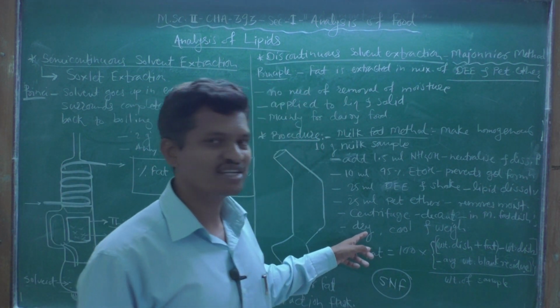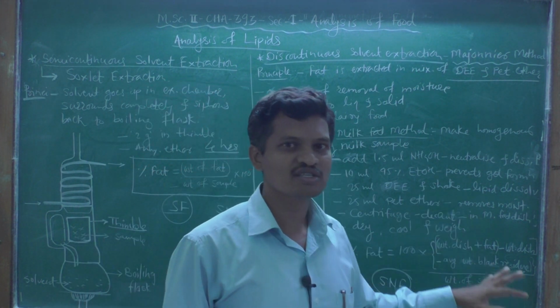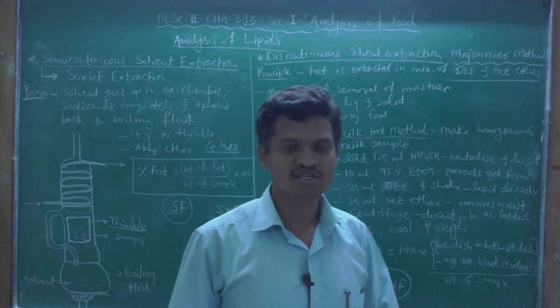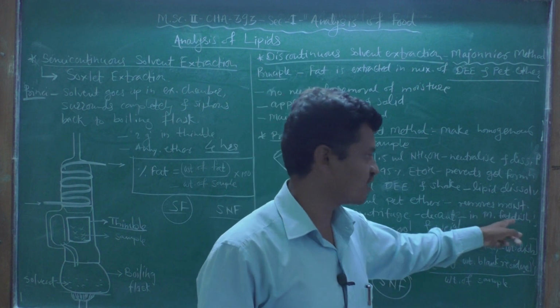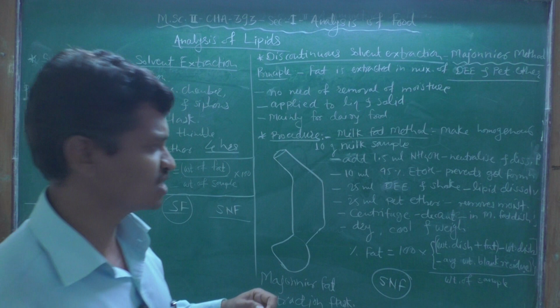Then dry it, evaporate that solvent, dry it completely, then cool it at room temperature and weigh that Mojonnier's fat dish accurately up to 0.1 milligram to get constant weight.